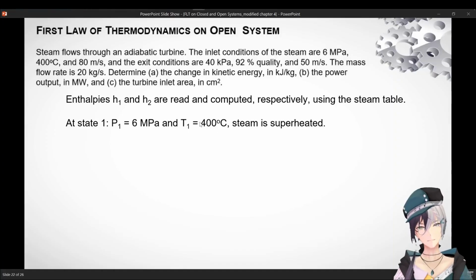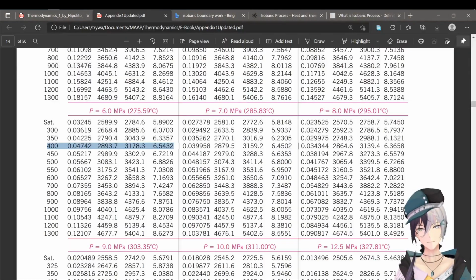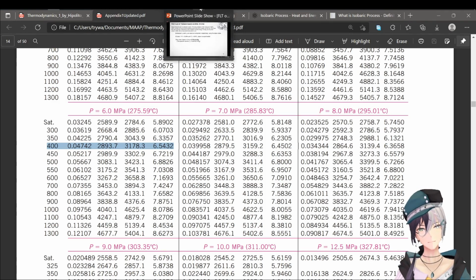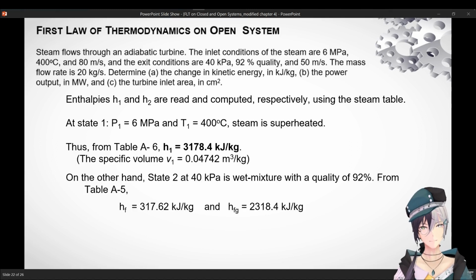So from the table, we get enthalpy 1 as 3178.4 and then specific volume 1 to be this value. Okay, so specific volume and then enthalpy.